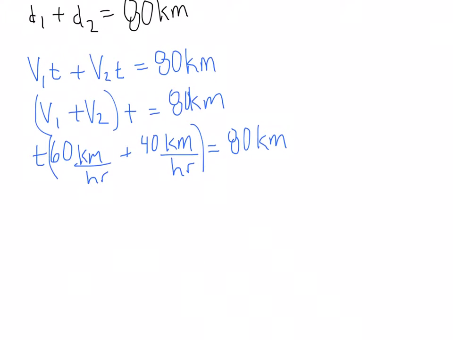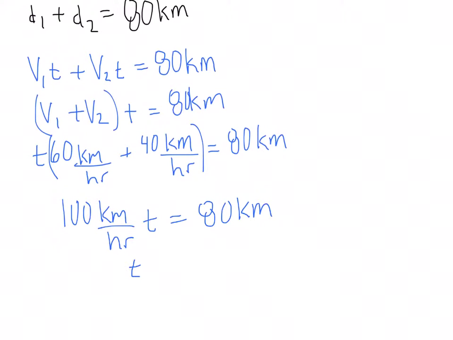So I got 100 kilometers an hour times t is equal to 80 kilometers. I'm going to divide by the 100 kilometers an hour. It's going to leave me with t on this side.